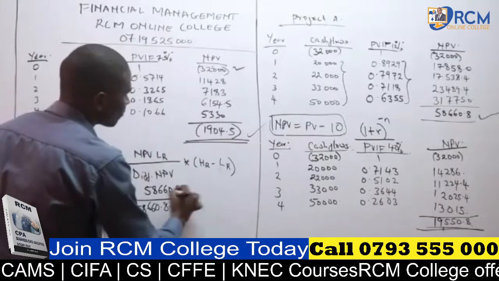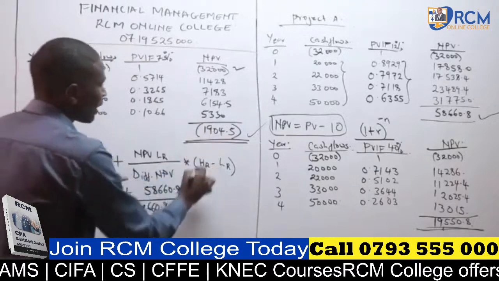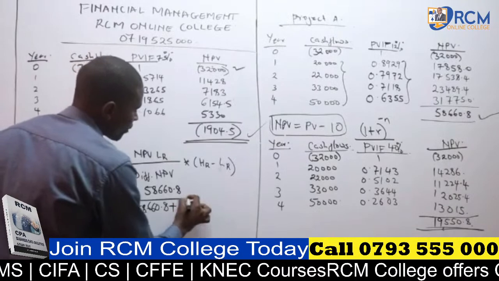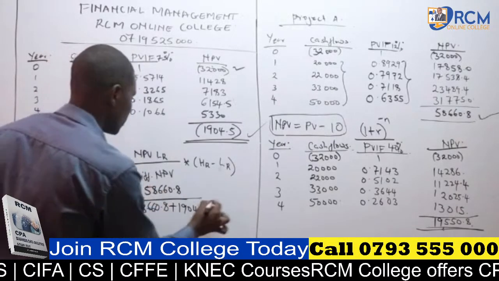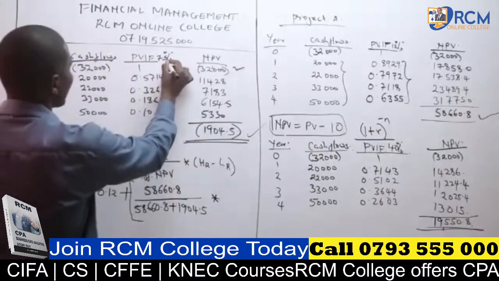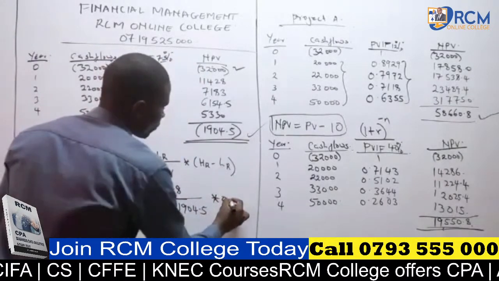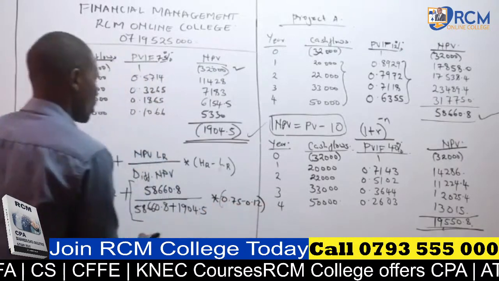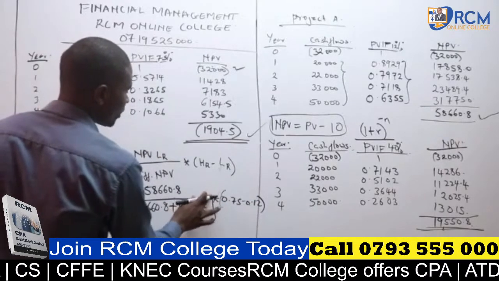So it will be minus, which will give us a plus 1904.5. And then whatever you are going to get, you multiply by higher rate minus lower rate. Higher rate is 0.75 minus 0.12. Whatever you get here, you add.